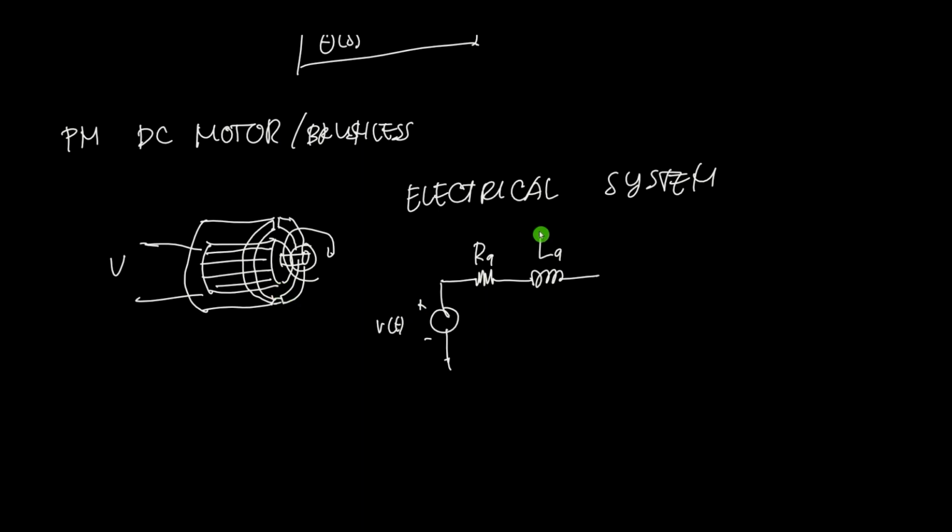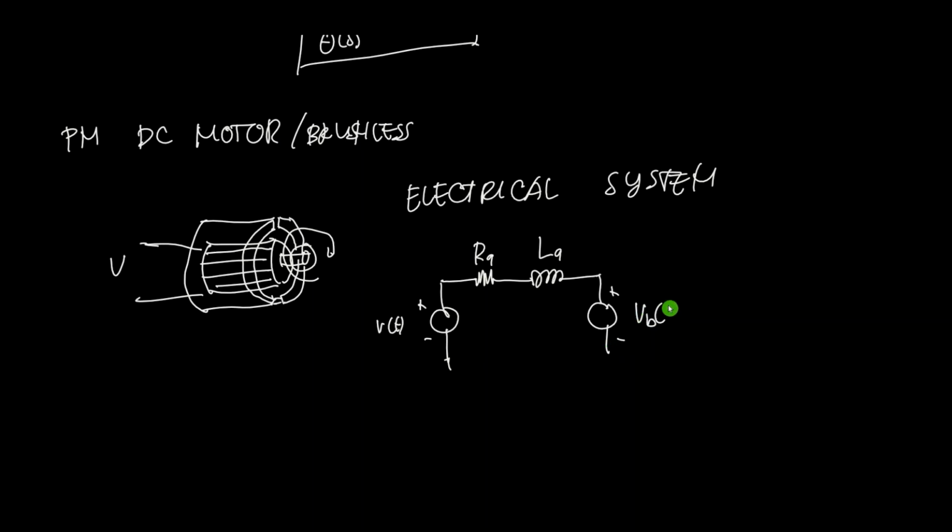Then there's a special thing about these DC motors. When they are rotating, they apply voltage and they rotate, and this rotation will also generate another voltage here, and we call that the back EMF. Let's just call it VB.